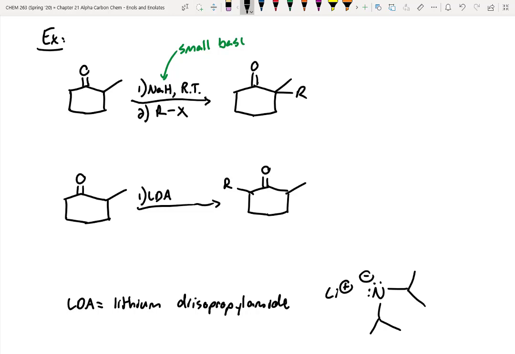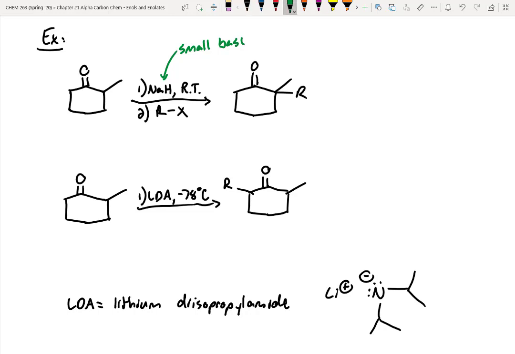So we're going to run this using LDA, and like I said, we can favor the kinetic product at low temperature. So we're going to run this at negative 78 degrees Celsius. And you might be thinking, wow, that's pretty specific. What this comes from is it's really easy to make a temperature of negative 78 degrees Celsius by combining dry ice, meaning dry ice from the grocery store, with acetone, which is super common in chemistry labs.